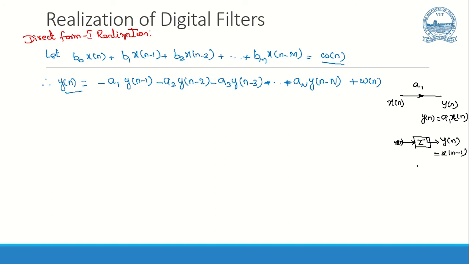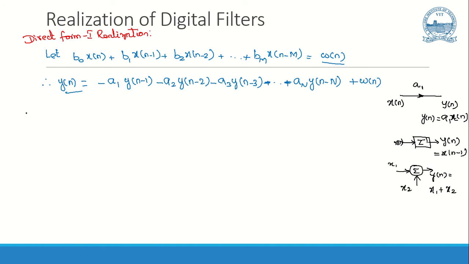Similarly, if I have a circle with a summation inside, it is going to have two signals x1 and x2 and it is producing an output y as x1 of n plus x2 of n. So we are going to use these three notations repeatedly for implementing whatever functions we want to realize.